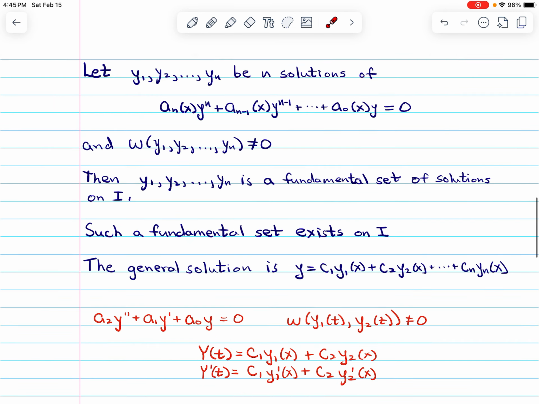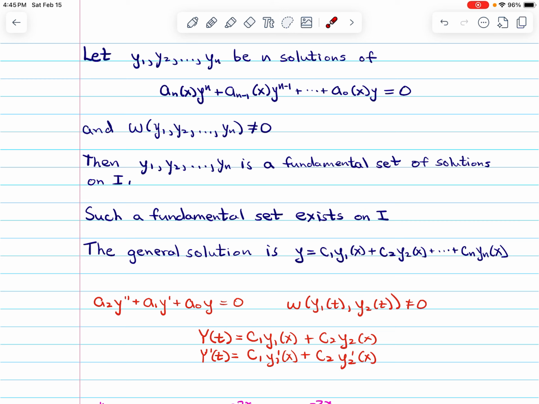So let's see if we can motivate why that's important. Let's suppose that we have a differential equation here. Let's just do a second degree. And let's suppose the Wronskian is not 0. Okay? That means that there's a set of solutions, y1 and y2, that are independent.